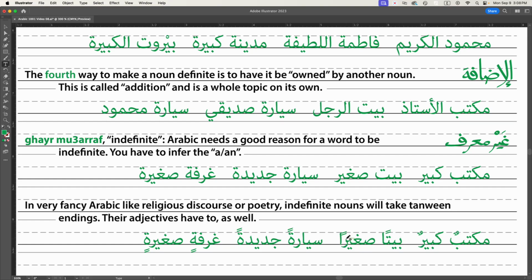If it's the object of a verb, like I bought a small house, we'd say beitan saghiran. And so tanween al-fath, as we saw in the last lesson, because of a spelling hangover from Quranic days, needs an extra unpronounced alif, and so does its adjective. So beitan saghiran. Again, nobody will really say this. You will see it in writing, though, but you'll only see the extra alif and not the tanween al-fath.